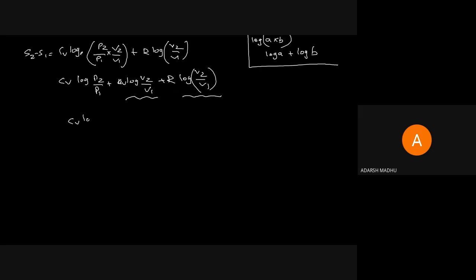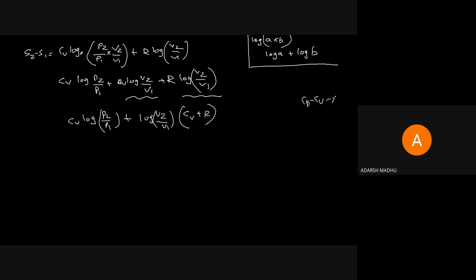So here CV log P2 by P1, simply writing the particular equation, plus we can combine the log V2 by V1 together. So taking log V2 by V1 as common, the other term is CV plus R, right? What is CV plus R?